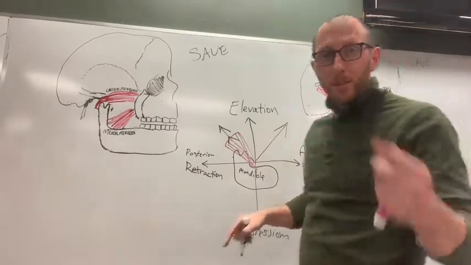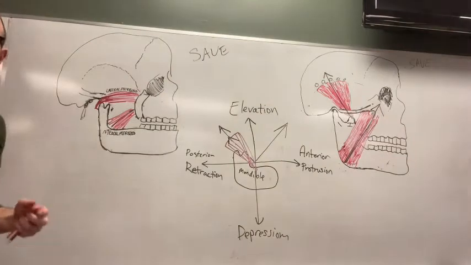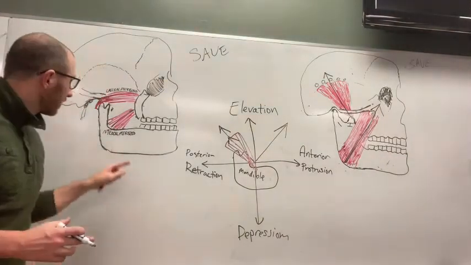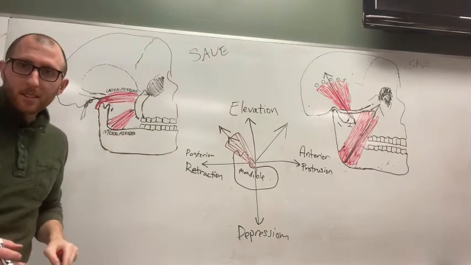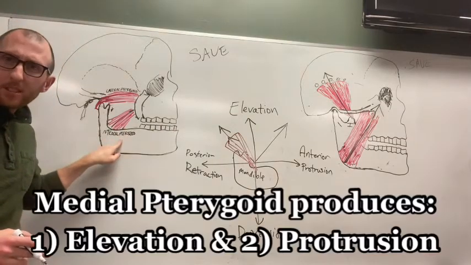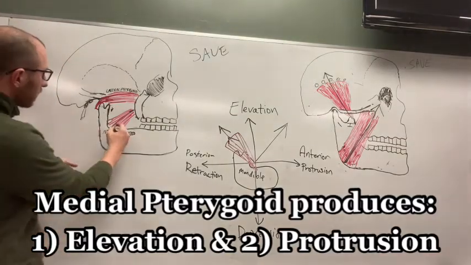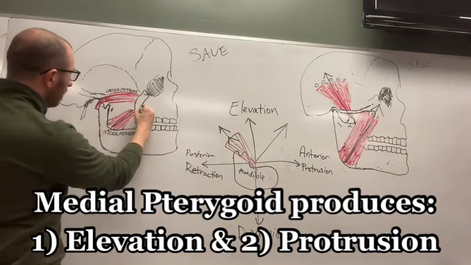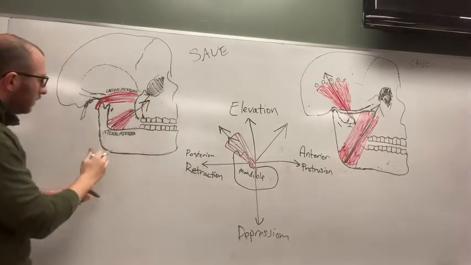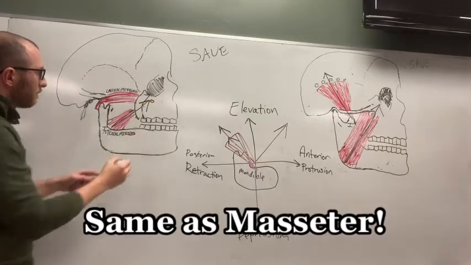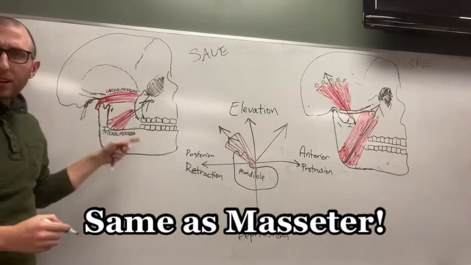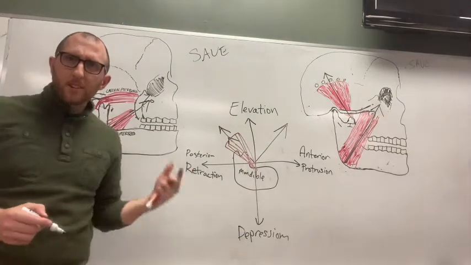On to number 3, and actually I like this one the best because this is the same as what we just saw with the masseter. This is the medial pterygoid. And the medial pterygoid, the muscle fibers are going from insertion to origin up here. And again, origin would be on the medial pterygoid process.